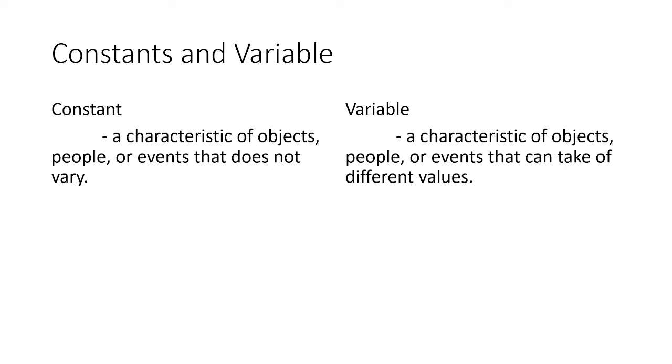Same halos sa definition natin sa math ng constant variable. But yun, on the variable side, medyo on the characteristic siya. Hindi siya basta unknown lang. So by definition, constant is a characteristic of object, people, or events that does not vary.